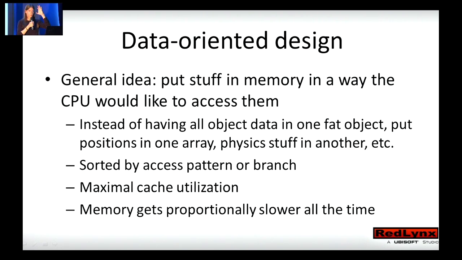Whenever we're processing physics, we put all the physics stuff next to each other, so that we can just load them one after another, and the CPU cache prefetcher would hopefully eliminate most of the cache misses in this situation. And also we're not loading unnecessary data into the cache, so we can make the most of the limited bandwidth that the CPU has.